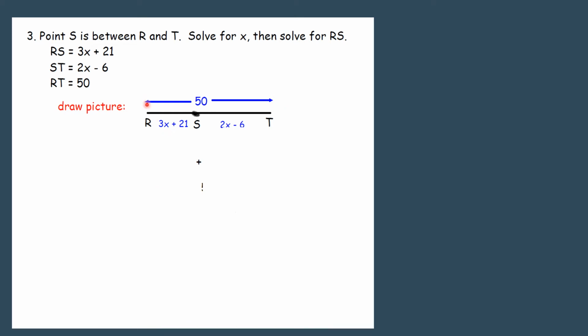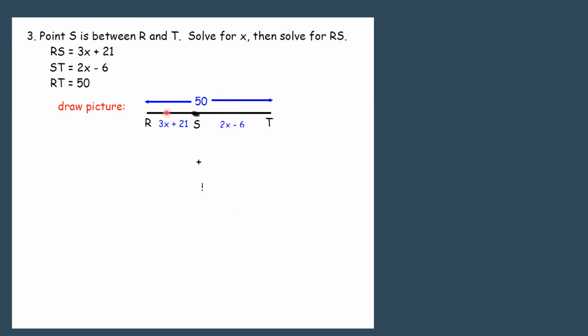From point R to point T, so it's beginning and ending at those 2 points, is 50. So those probably really shouldn't be arrows. But we know that this entire length is 50 because it says so right here in the question. The length of RS was given as 3x plus 21, and the length of ST was 2x minus 6. Now some of you are probably thinking, do I have to put my point S right here? No.